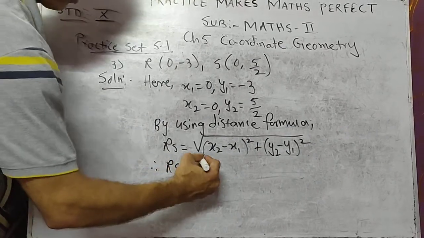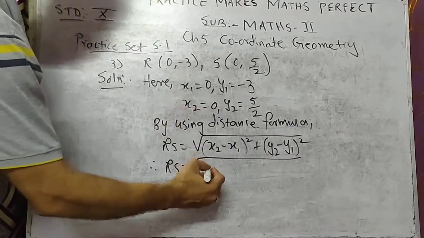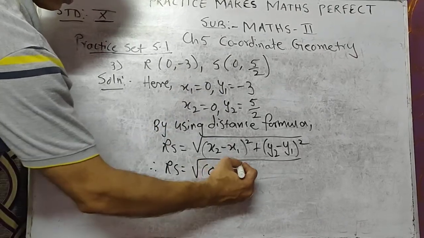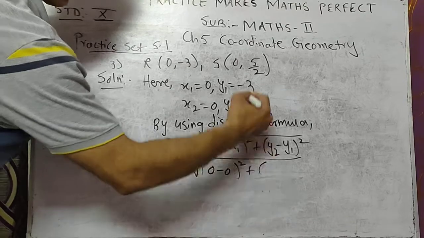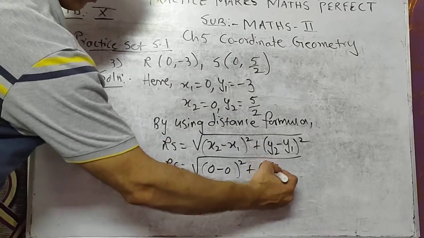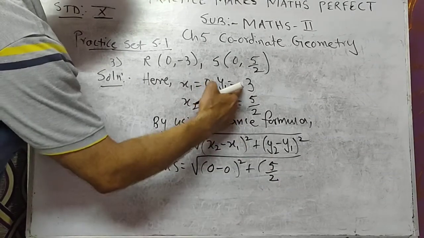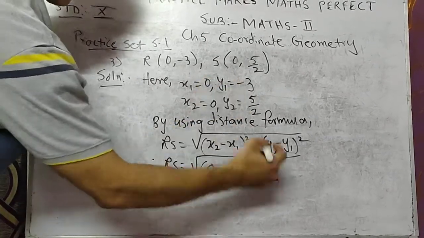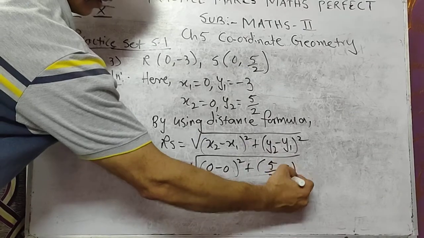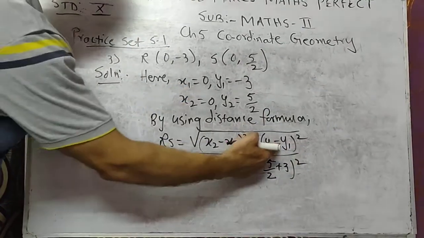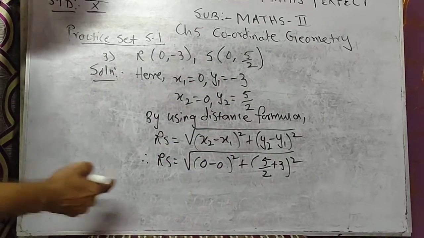RS is equal to x2 is 0, x1 is also 0, 0 minus 0 the whole square plus y2 is 5 upon 2 and y1 is minus 3. So this minus and this minus will become plus. Directly you can also write, minus minus becomes plus.